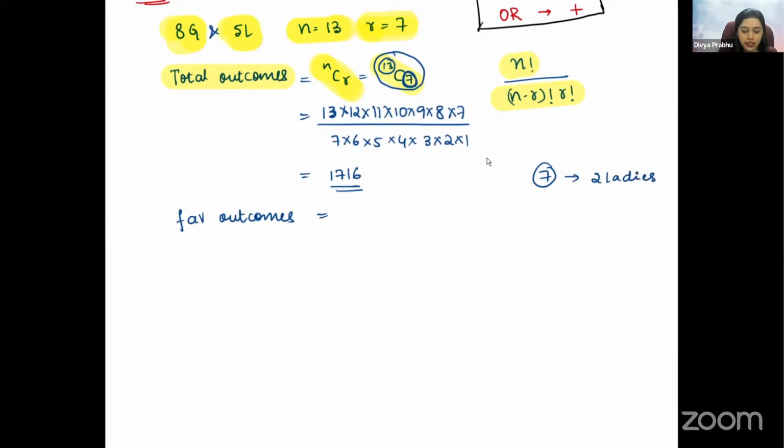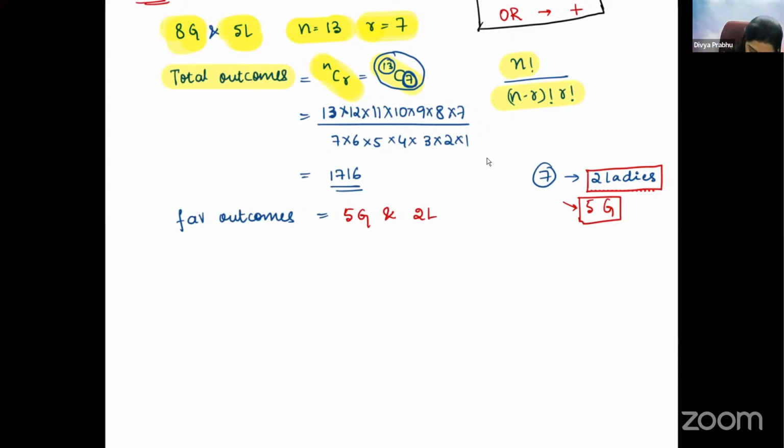So out of 7, if I want 2 ladies, the balance 5 will be gents. Correct? So out of 7, the committee should have exactly 2 ladies, which means the balance 5 members will be gentlemen. Right? So what we want is 5 gentlemen and 2 ladies. Am I right? 5 gentlemen and 2 ladies.